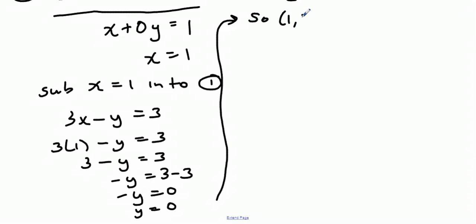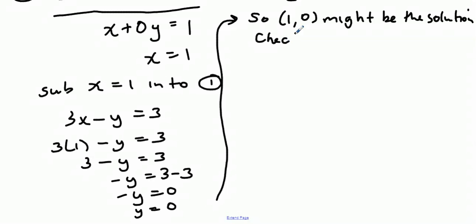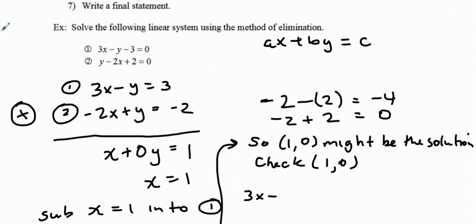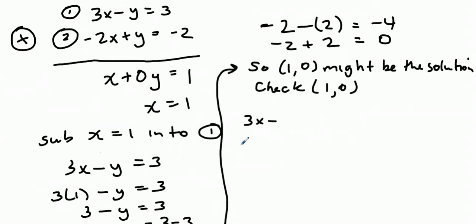Okay, so at this point I could say the point 1, 0 might be the solution, and I check the point 1, 0. First equation was 3x minus y minus 3 equals 0. I have to make sure now I'm going back to the originals. And so when I put in 1 for x and 0 for y, let's see if left side equals right side. 3 minus 0 is 0.